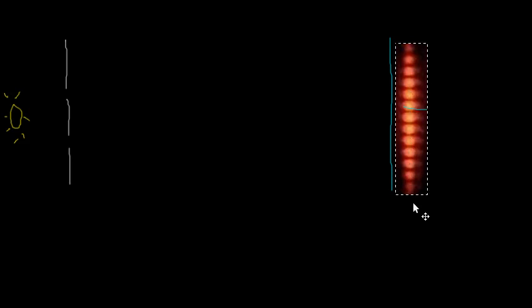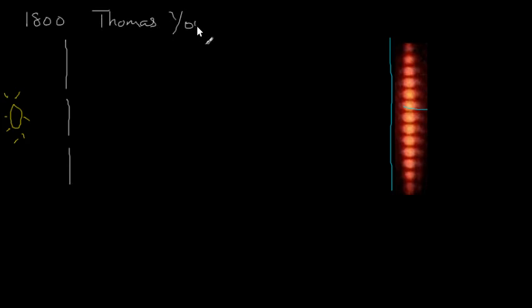And the explanation that was given when this experiment was done about 200 years ago, in about 1800 by a British scientist called Thomas Young, was that light behaves as a wave, that light is a wave.